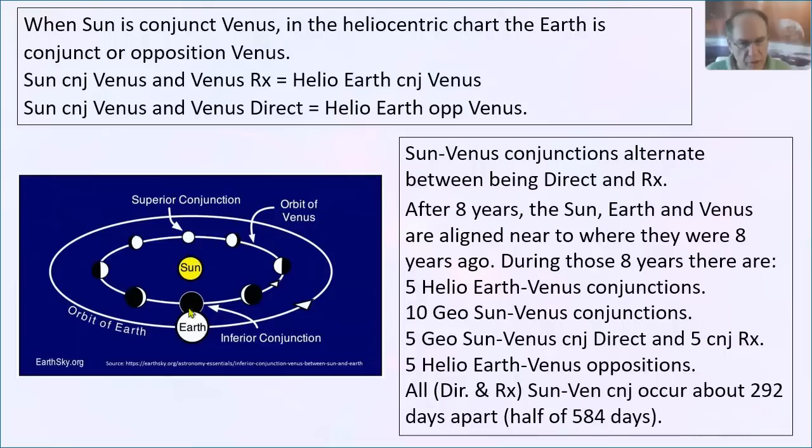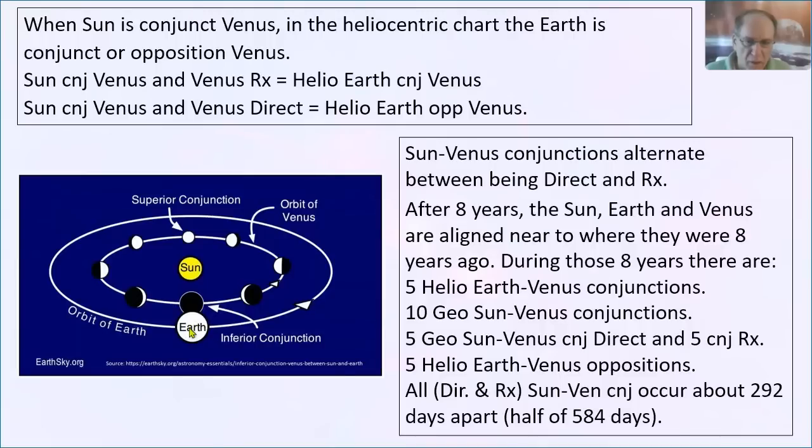That's what the astronomers are referring to. But from our point of view geocentrically, Sun is conjunct Venus twice as often, which is every 292 days, about 9.5 months. And also notice this.